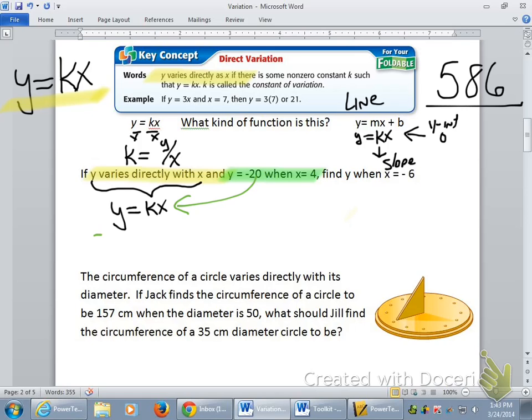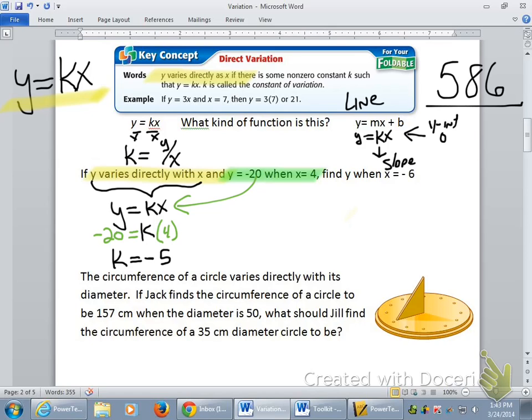They're telling me that y is negative 20 when x equals 4. Is this an easy enough equation to solve? Can you find k? All right, we can find k, right? I'm going to divide both sides by 4. And I just found out that k equals negative 5.